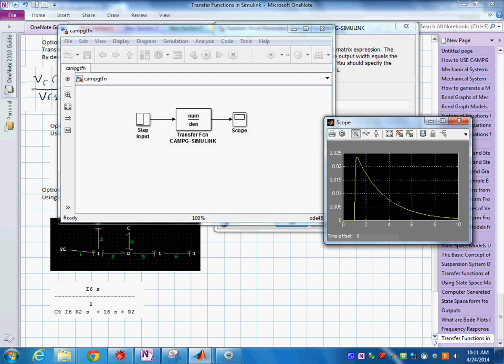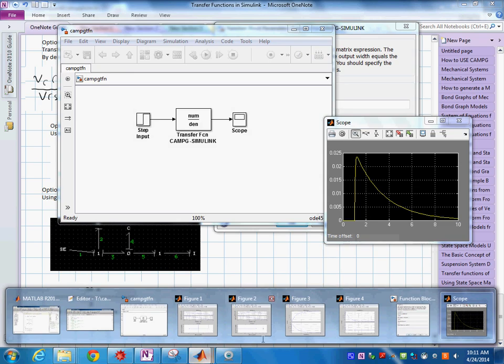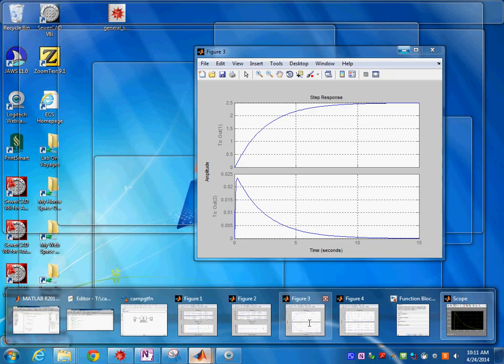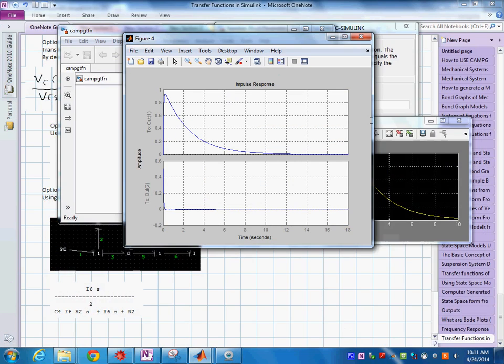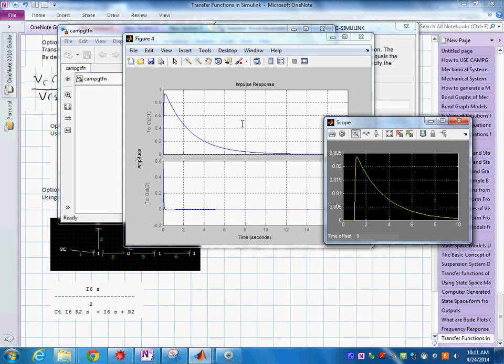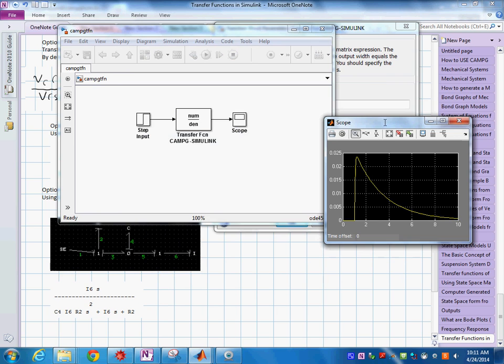In there you go. That's the same response that we got over here, I believe. See, this is doing it on the MATLAB side, this is doing it on the Simulink side.